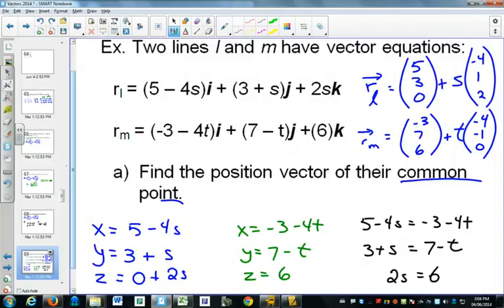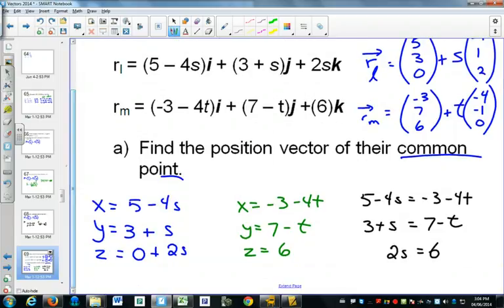And we have to see with those 3 equations, is there enough information to solve things? Yes. In fact, there's one that's really easy to solve for. You can see through the z-coordinate that s is really easy to solve for. According to this, we know that s has to equal 3.